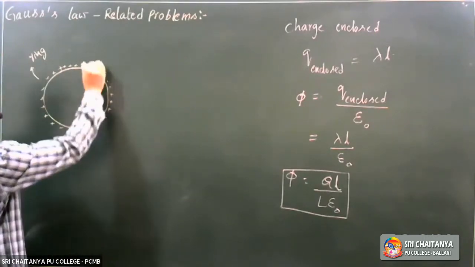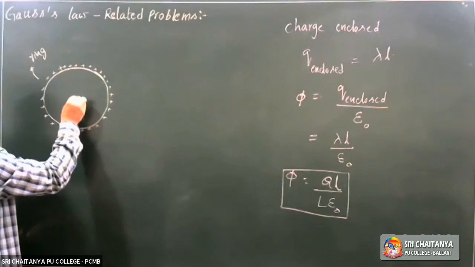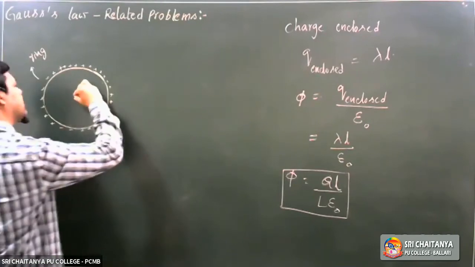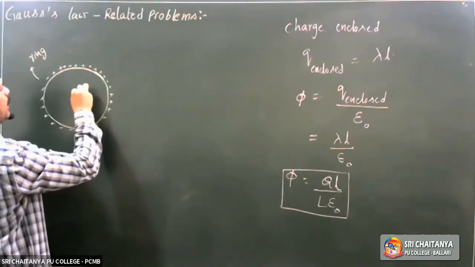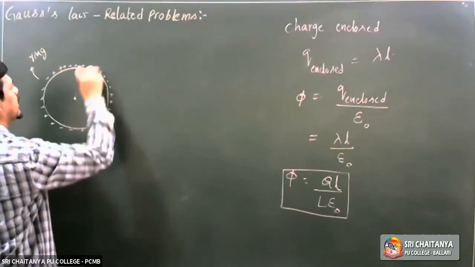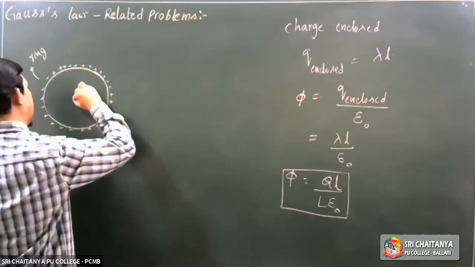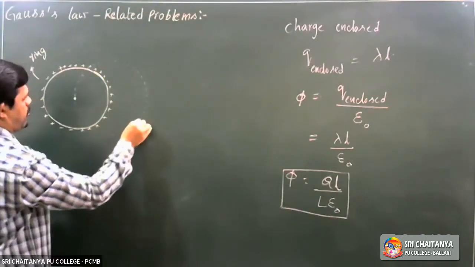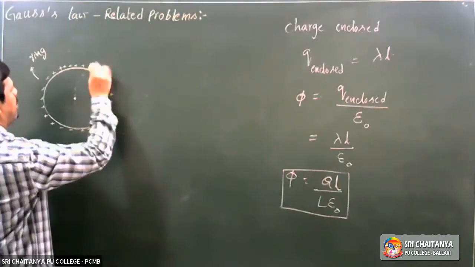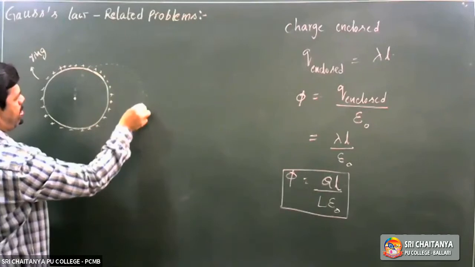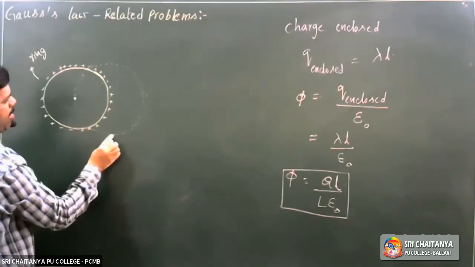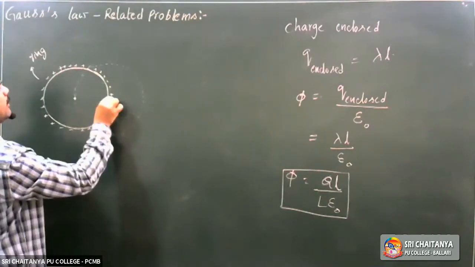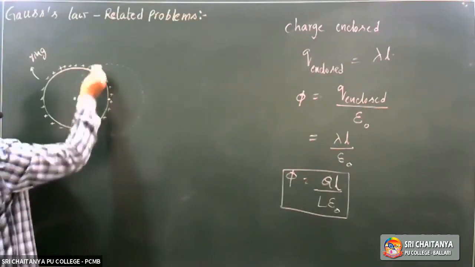This ring is enclosed in a sphere such that the center of the ring, the periphery of this sphere, this is the center of the sphere, this is the center of the ring.